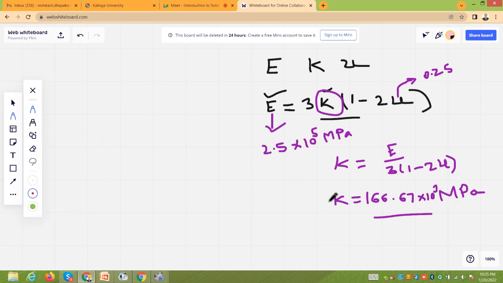Now, megapascal. In mechanics of solids or strength of materials or introduction to solid mechanics, you have to remember one thing. 1 megapascal is 1 Newton per millimeter square, and 1 Pascal, please remember, is 1 Newton per meter square.